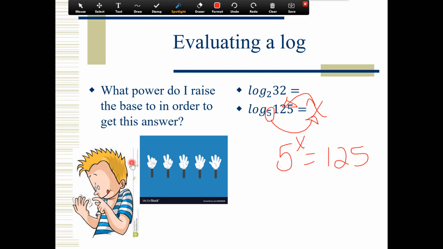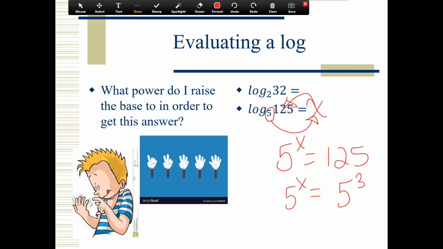Well, let's count on our fingers. 5 to the first is just 5. 5 times 5 is 25, and that's 2 fingers, so that's an exponent of 2. 25 times another 5 is 125, and I'm right here at the 3 fingers. So I know that 5 to the third power is 125.